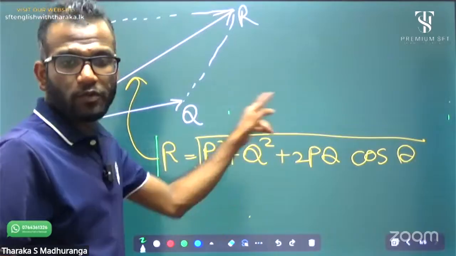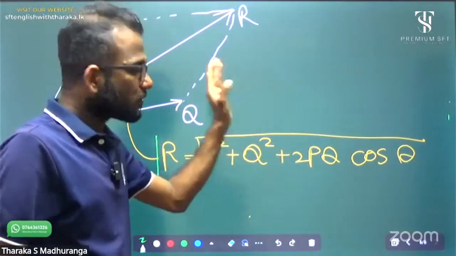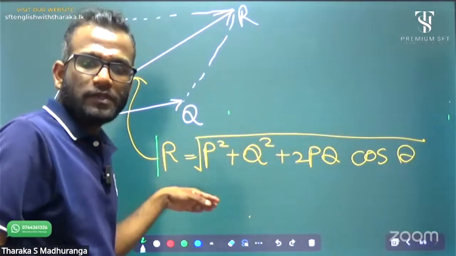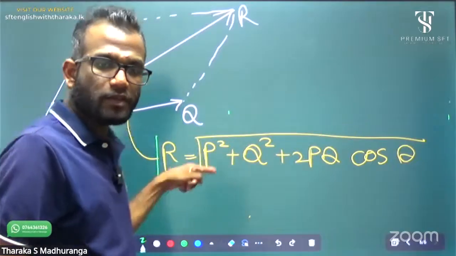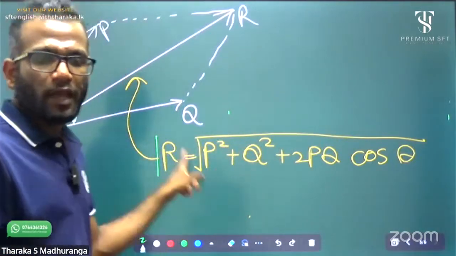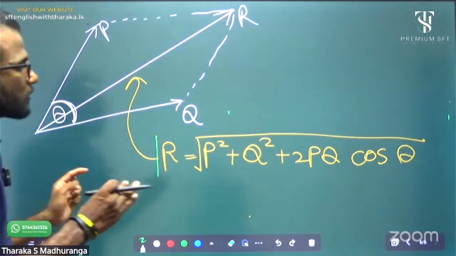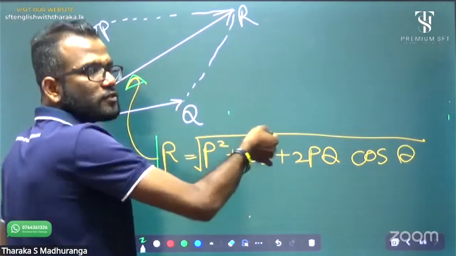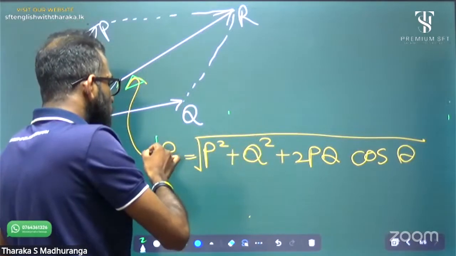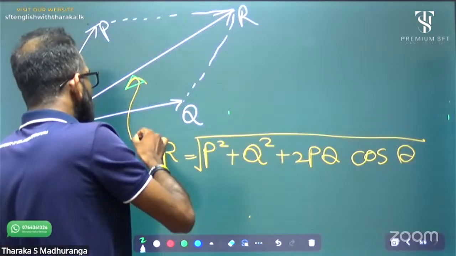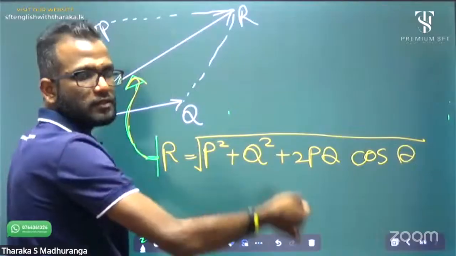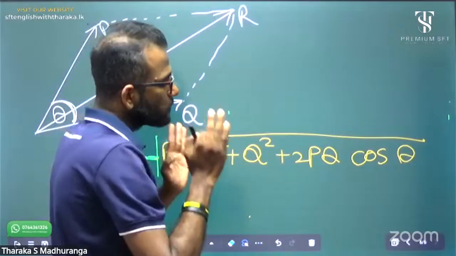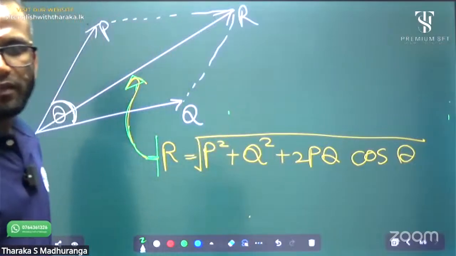Don't forget this square root. Some students make this mistake frequently. Don't forget the square root; you should add it over the full expression. In the practical class, we can't prove this equation, and you don't need that much knowledge. You only need to remember this equation: R squared equals P squared plus Q squared plus 2PQ cos theta. That's enough.